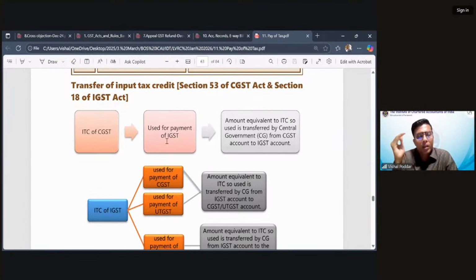Now there are a total of 5 services, A, B, C, D, E. In case of A, D, and E services, ECO is always liable to pay tax. But in case of B and C services, ECO is liable to pay tax only if the supplier is not registered. So out of these 5 notified services, for 3 services, ECO is always liable to pay tax, but for 2 services, ECO will be liable if the supplier is unregistered.